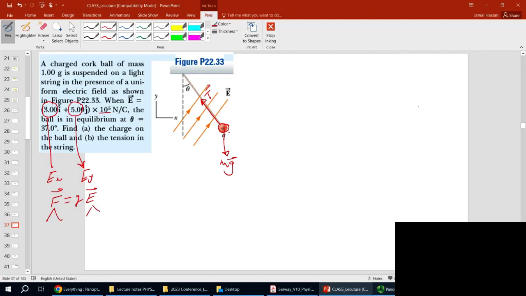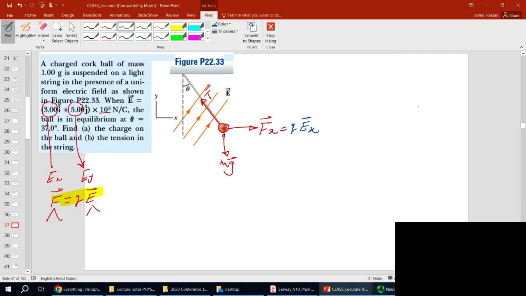One component will be on the x-axis. Let's call it Fx, which according to this equation equals Q multiplied by Ex. I could put a unit vector i to be formal, because here we have a vector.